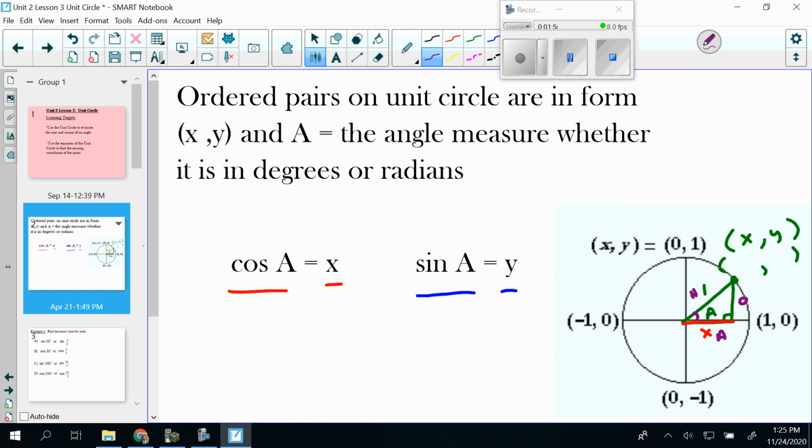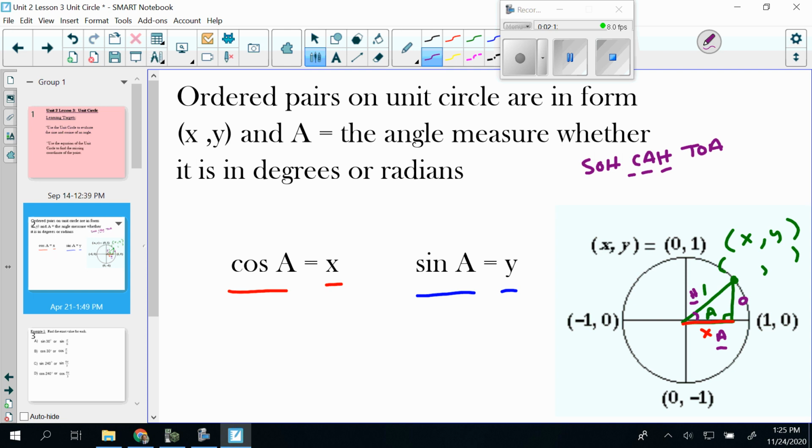Well, which trig function uses adjacent and hypotenuse? Well, remember our little SOHCAHTOA saying? That will end up being A and H, which is cosine.